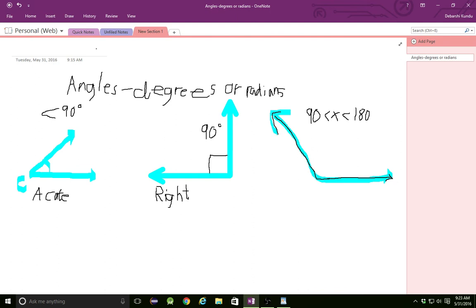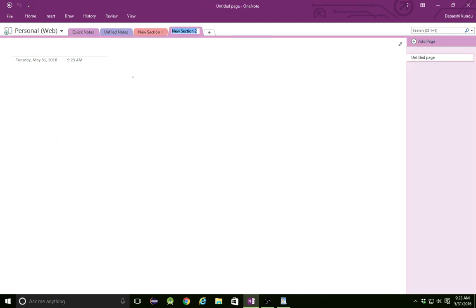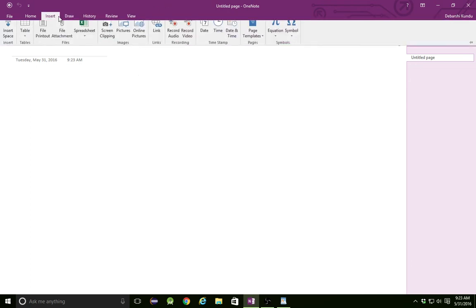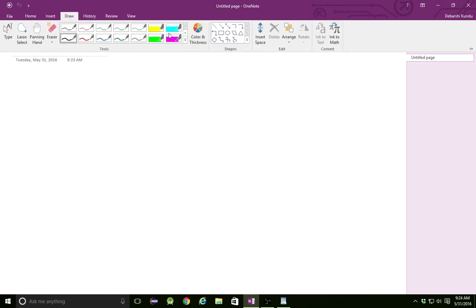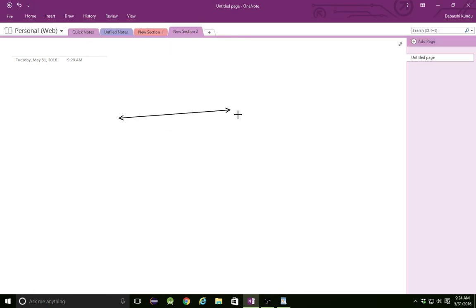Okay, so now that we got that done, let's look at two more angles, and that is the straight angle and the reflex angle. A straight angle is essentially just a straight line. So if I were to look at something here, this over here is a straight angle.